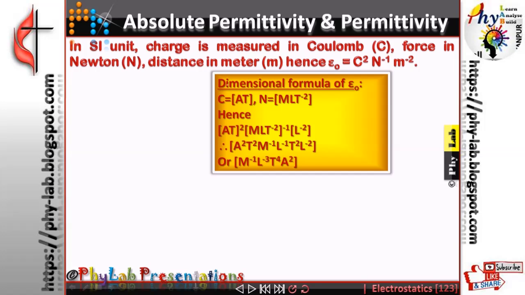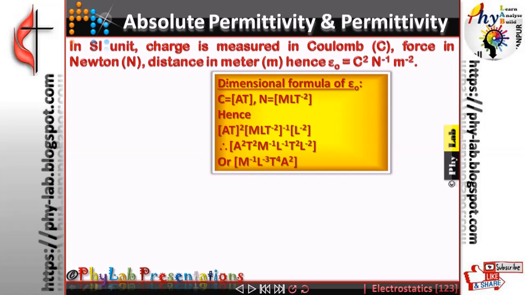You can also take the opportunity to express epsilon naught in fundamental units. So try it out. What are the fundamental units? They happen to be kilogram, meter, seconds, ampere.